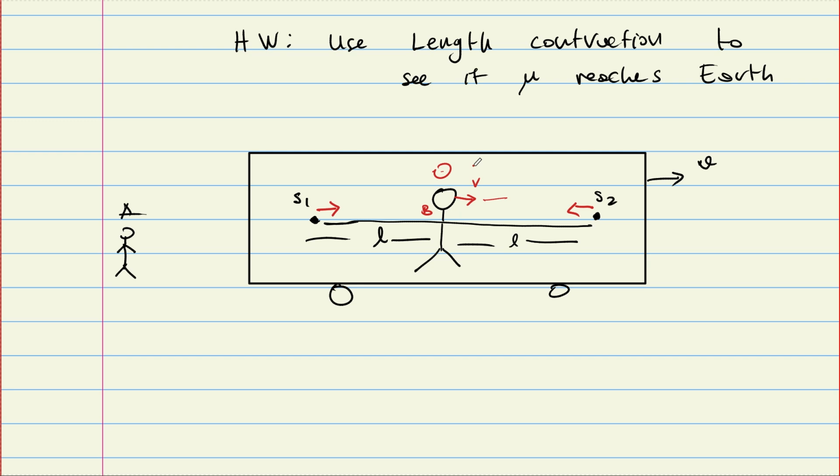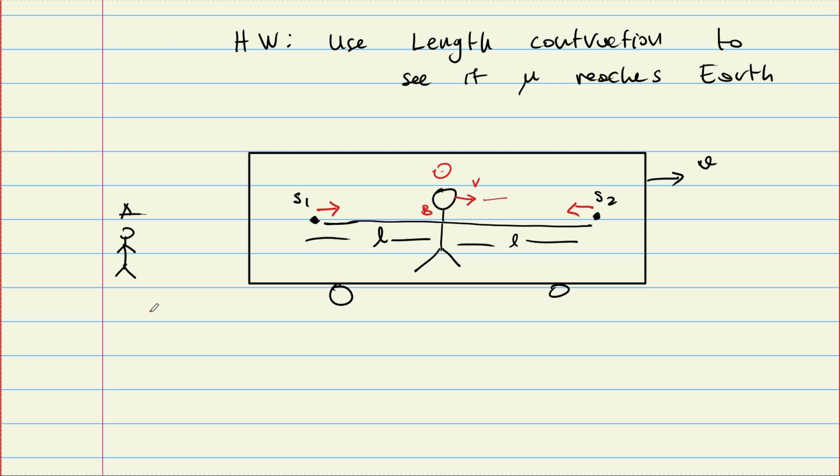So if the bomb is going to explode, then the only resolution is that S1 and S2 should be created at different times according to A. Of course B does it at the same time in his frame, but these two simultaneous events don't look simultaneous in A's frame. Okay, so that's the target.